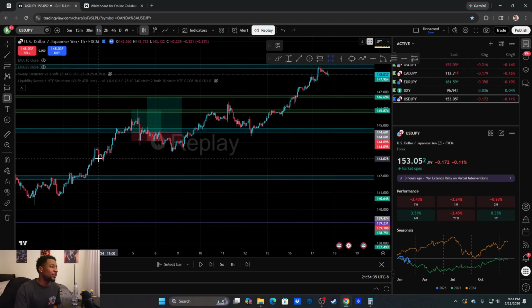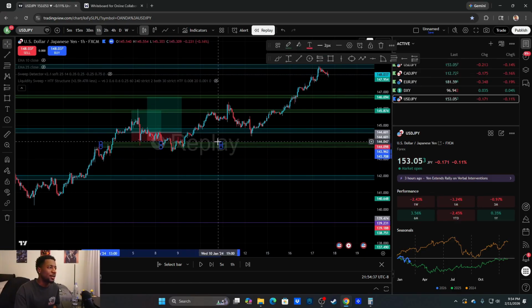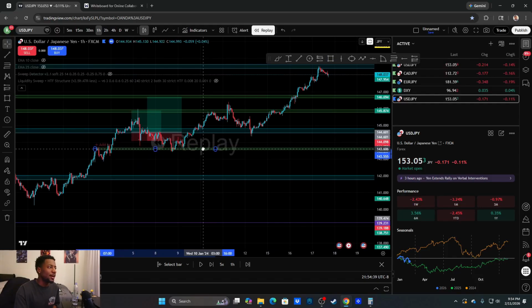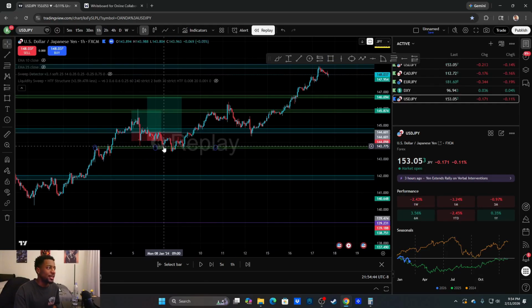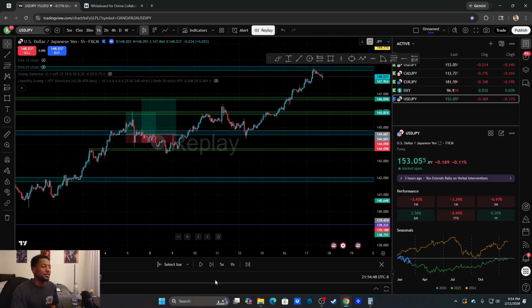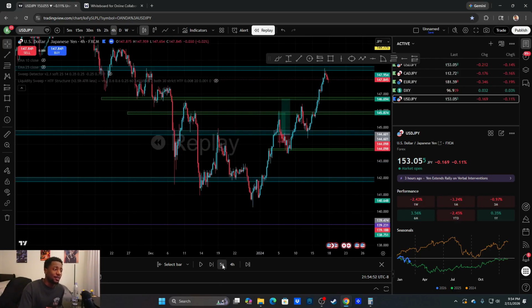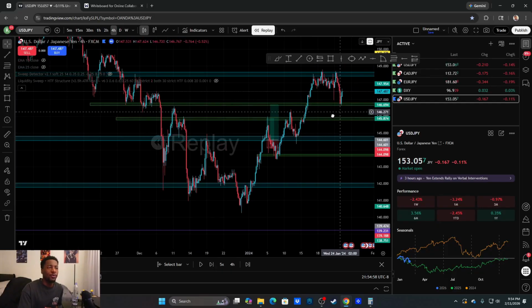Here's another level right here in the market. Another key level on the hourly time frame where price respected. Each time price came down, it respected this level. And I'm pretty sure if price ever comes back down this low, it's going to respect that level again. Let's watch. Bro, you cannot make this up.